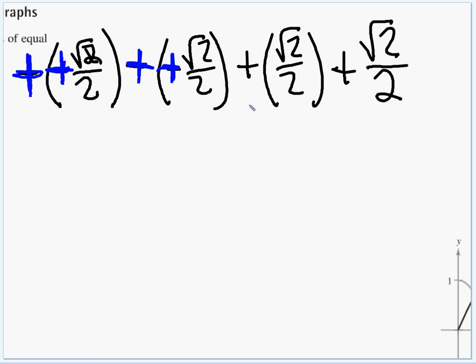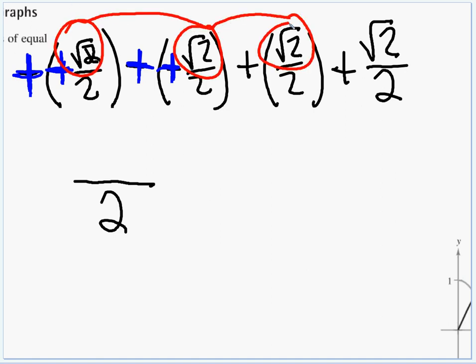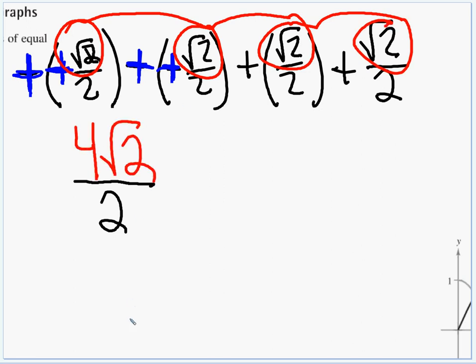We're just adding up 4 fractions. Do we have a common denominator? You betcha. It's 2. Our numerator has root 2's. How many of them do we have? 1 root of 2, 2 roots of 2, 3 roots of 2. We got 4 roots of 2. So at the lead here, we've got these coefficients we can divide. 4 divided by 2 is 2.